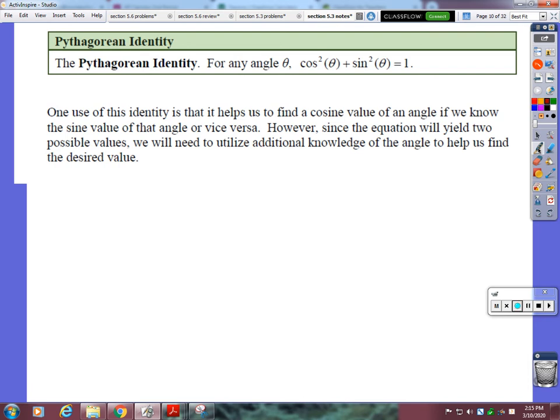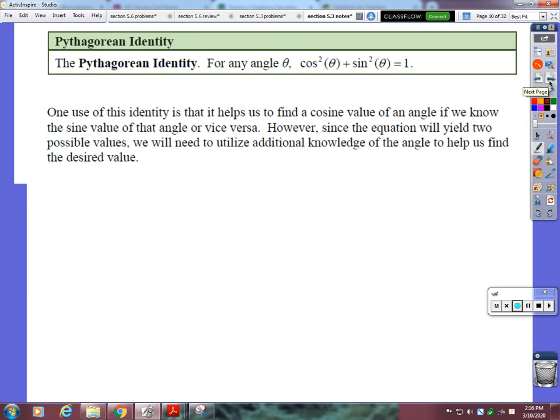And there's a couple of identities underneath there as well that we're going to talk about later in the class. But for right now, you should know and remember that sine squared plus cosine squared is equal to 1. Okay?